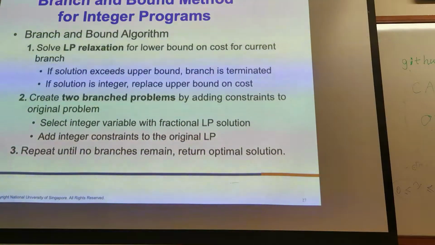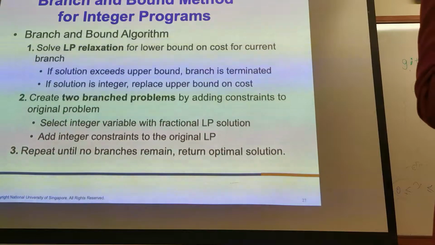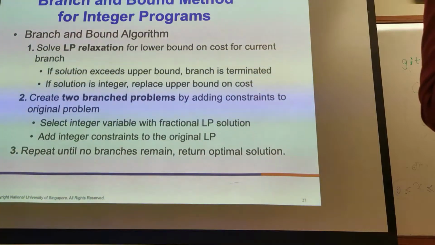If the solution exceeds the upper bound, or if this solution does not exist, then this branch is terminated. But if this solution is integer, so our goal is to find all the integer solutions that have an optimal value, right? You got the lower bound for the problem, then you keep searching for the different branches.